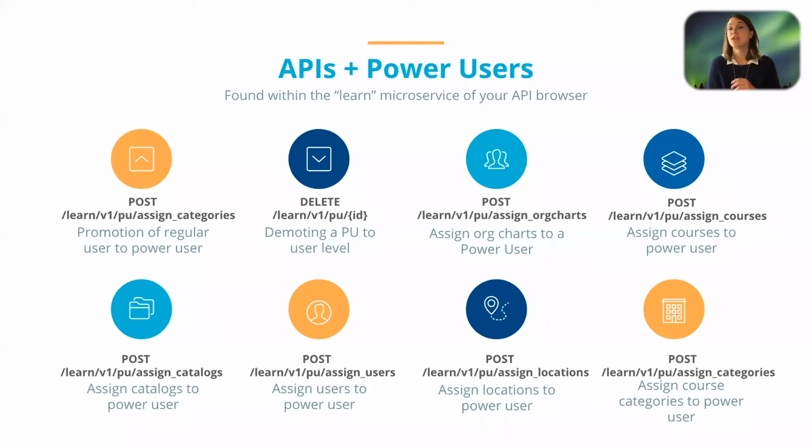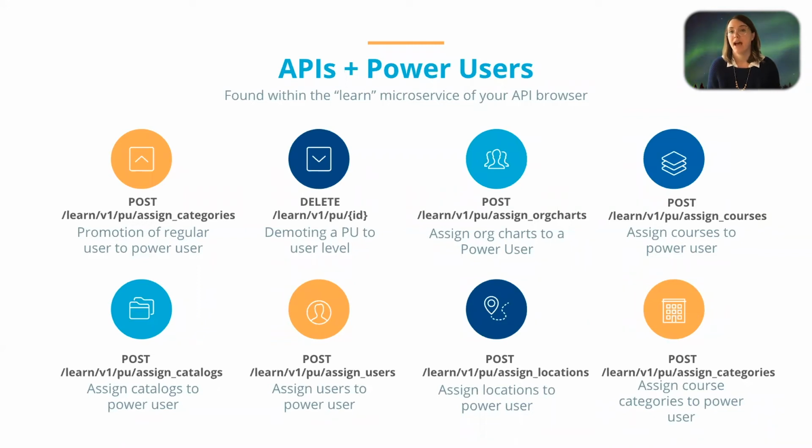So there's a number of things you can do via API, in terms of actually promoting them and/or demoting them. Maybe somebody moves out of their position or you have a lateral move. You need to take away a permission. That's okay. That can be done also via API. You can assign those org charts or branches. You can also associate groups as well. Courses, all the content, right? Catalogs.